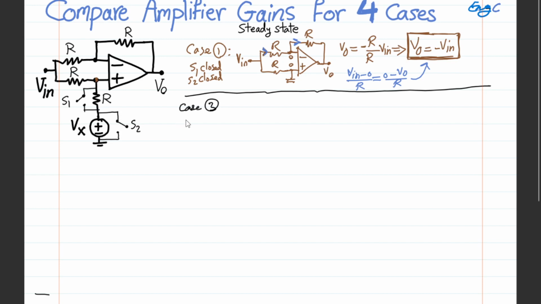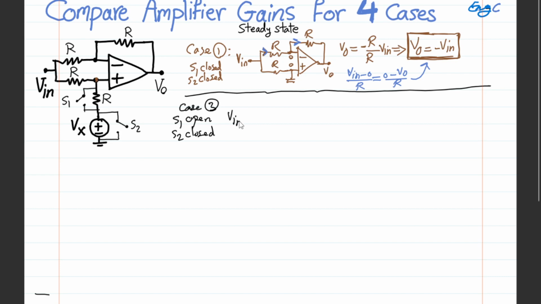So I'm going to assume that S1 is open, so R is not shorted, but S2 is closed. Since S2 is closed, Vx is shorted to ground, so the only thing that connects the positive input terminal to ground is just resistor R. So your setup looks like this.